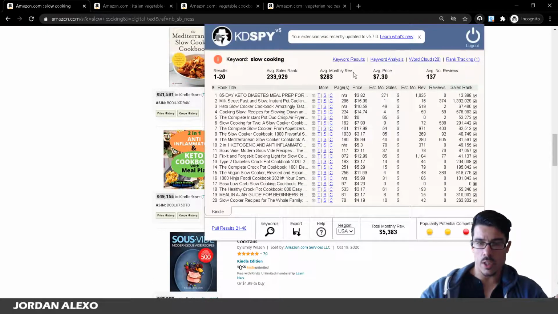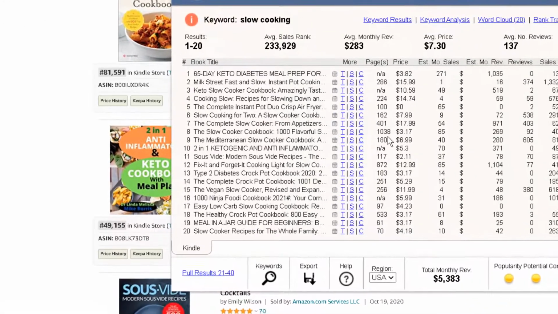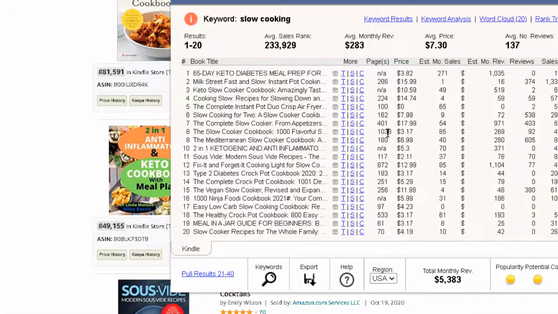And also the other thing that you want to check is the number of pages these books have. Okay, basically you want to ask yourself if you are able to compete with them. If you can get the number of reviews these guys have, if you have publishers over there performing well, if you can do a better cover than those publishers, if you can get a book with that length.